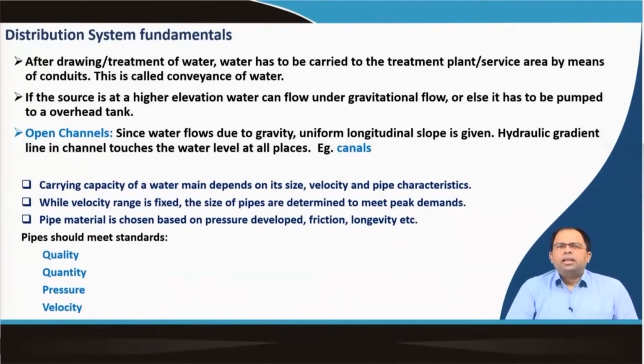Now, pipe material is chosen based on the pressure developed in the pipeline. It also depends on friction and the longevity of the pipeline. Plus, there are many other factors that we will discuss later on. And whenever we choose a pipe, that means what kind of pipe we are going to use for a particular context, it depends on the quality of water, the quantity of water that we are going to transport, the pressure in the pipeline, and the velocity of water.